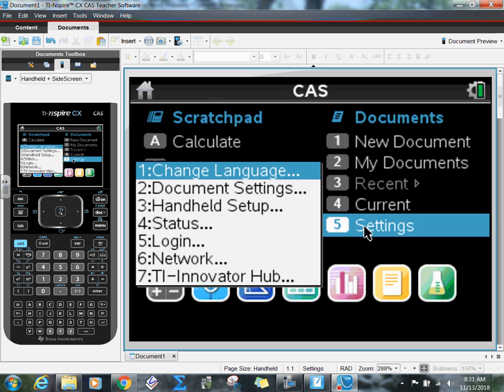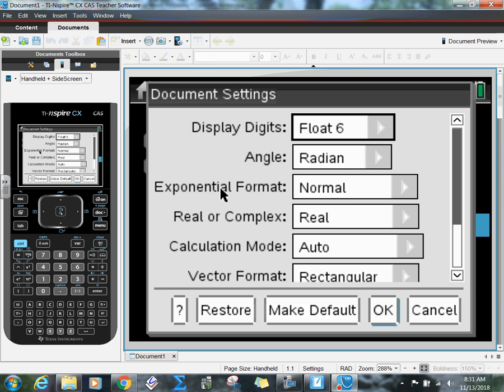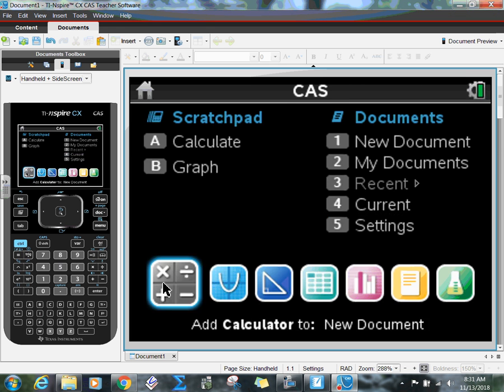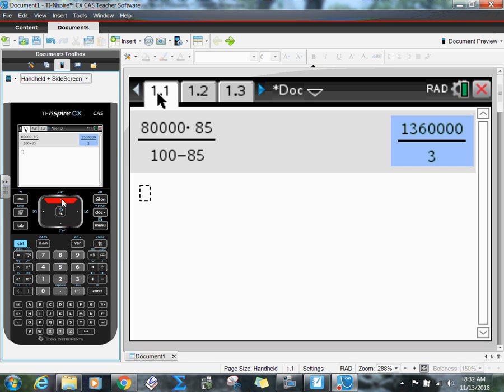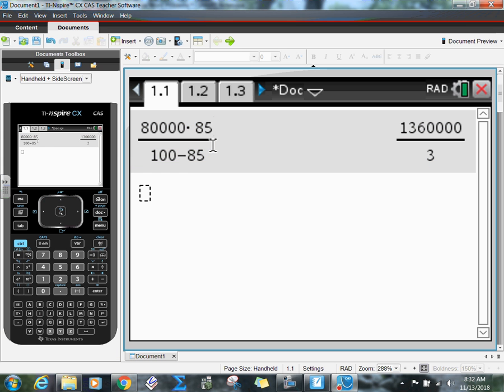Document settings. Interesting. Okay, let's go back here. I'm going to type in here 85 decimal. Why won't it let me redo it? This is not making me happy.